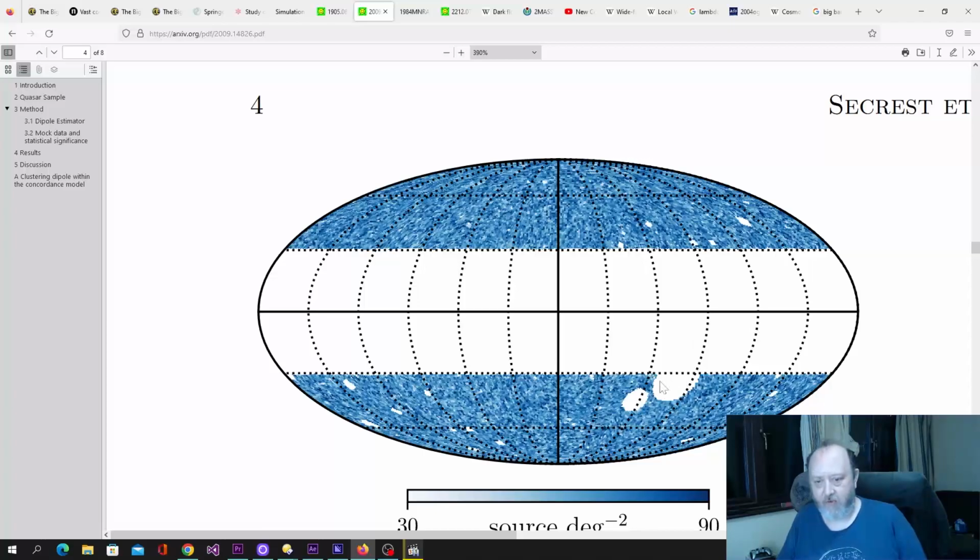You've got larger objects like Andromeda and the Magellanic Clouds. So any areas that have been masked out are areas where the line of sight from Earth, or from our solar system, is seeing objects, because WISE is a spaceborne observational mission.